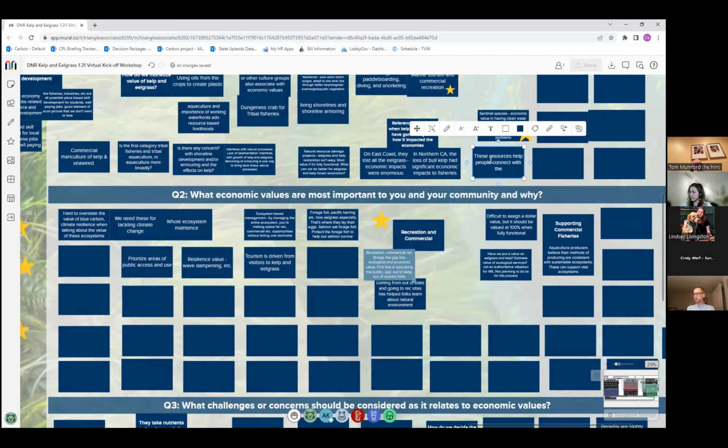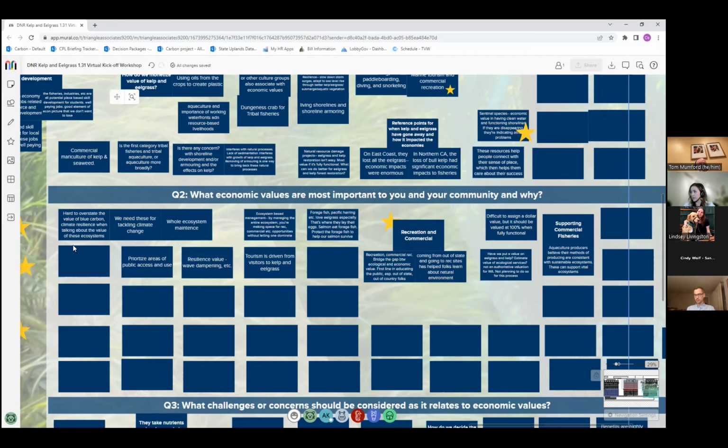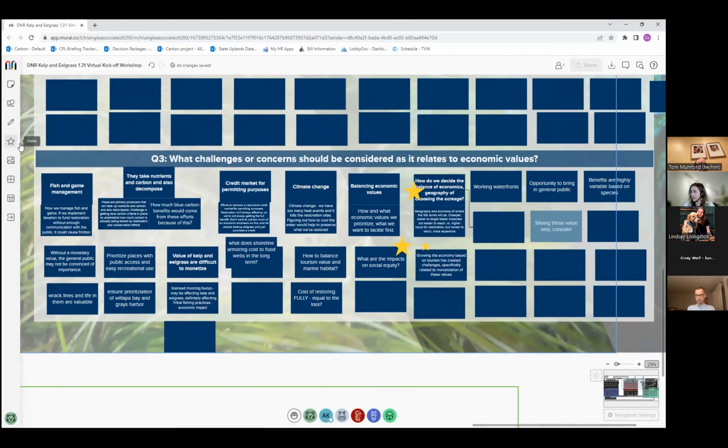How these are all connected. There's strong ties in this. Don't silo these 3 issues that we're talking about tonight. Yeah, I think we could highlight that in one of the challenges or concerns, like not siloing these value sets. Consider them interconnected. Yeah, very much so.